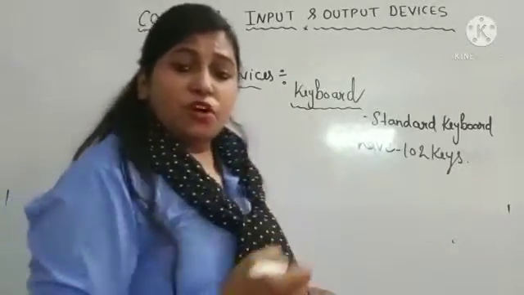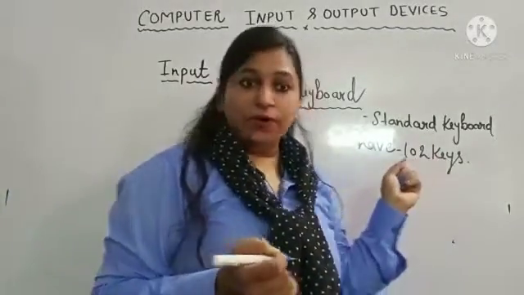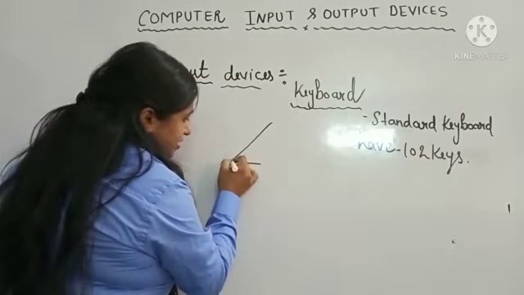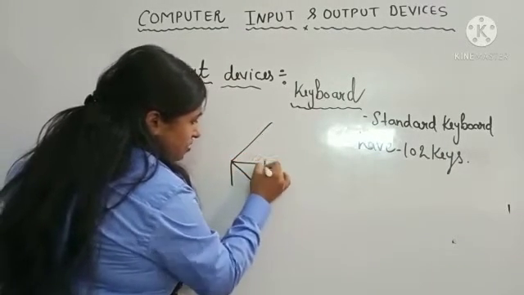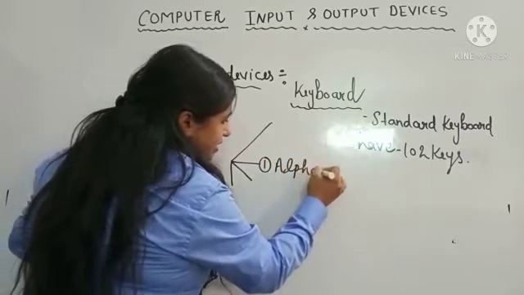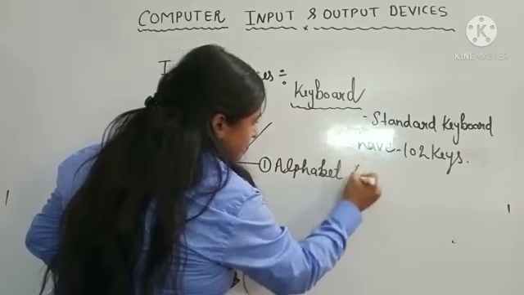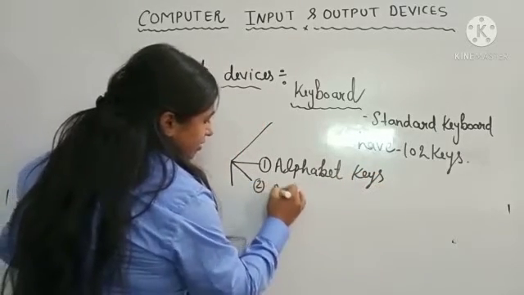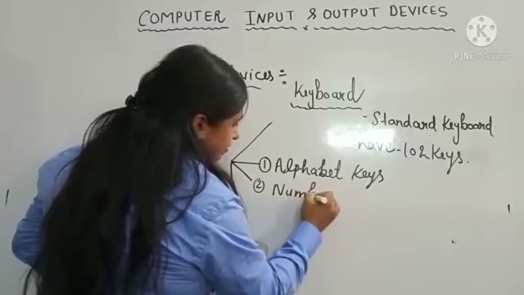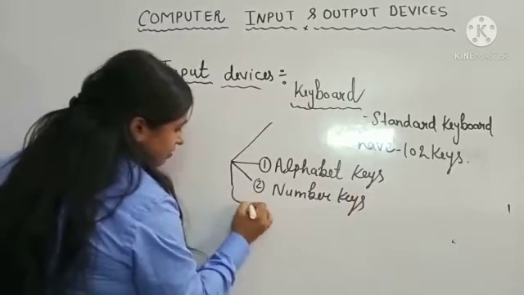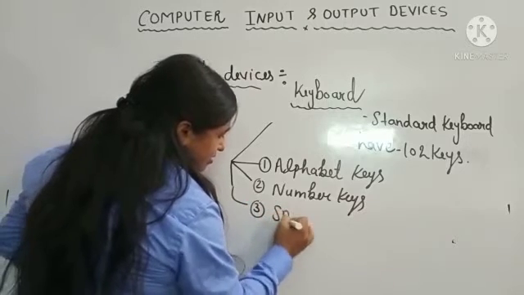Now, how many types of keys are there in the keyboard? There are basically three types of keys. The first is alphabet keys, the second is number keys, and the third is special keys.